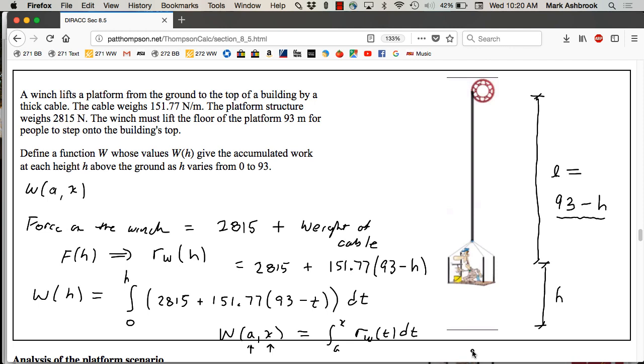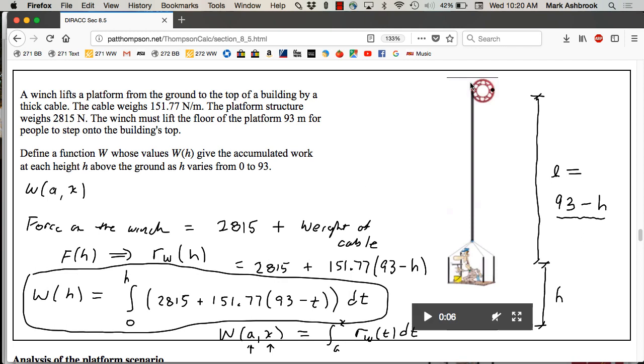Okay, and of course, we know the beauty of having the function is not only can we get the work that the winch does to raise the platform all the way up, which might be the question, like how much work does it take in total to raise the platform all the way up? That would be, what would that be? W of 93, right? W of 93 then would be all the work to raise it up.